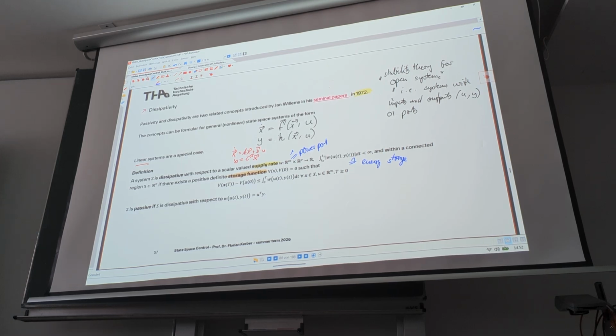And then in the integral version, this would be kind of the energy storage at time t.